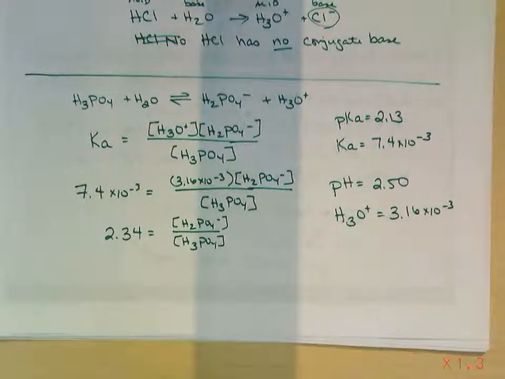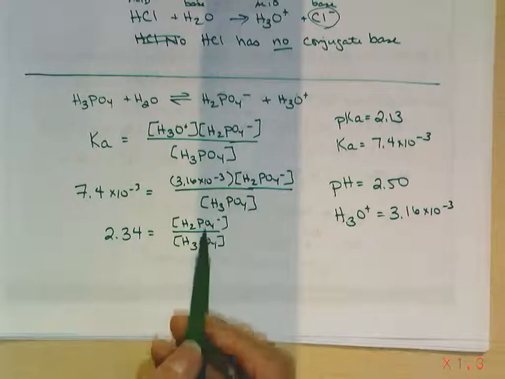Now this ratio, so how much more of the base do I put in compared to the acid? 2.34 times. Yep, so I want a little more than twice as much base than acid.